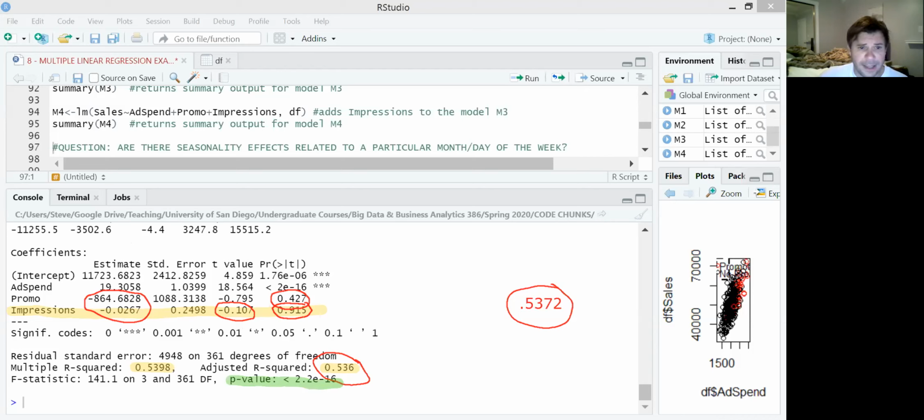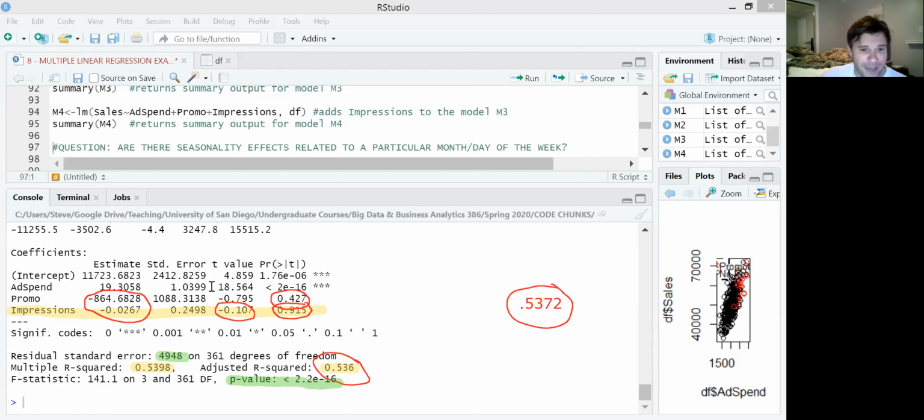So let's shift gears a little bit here. We thought about comparing two models by adding another variable, checking the significance, looking at the adjusted R squared, and thinking about goodness of fit. Again, the other metric you could look at is standard error. It was 4948 on model 4.